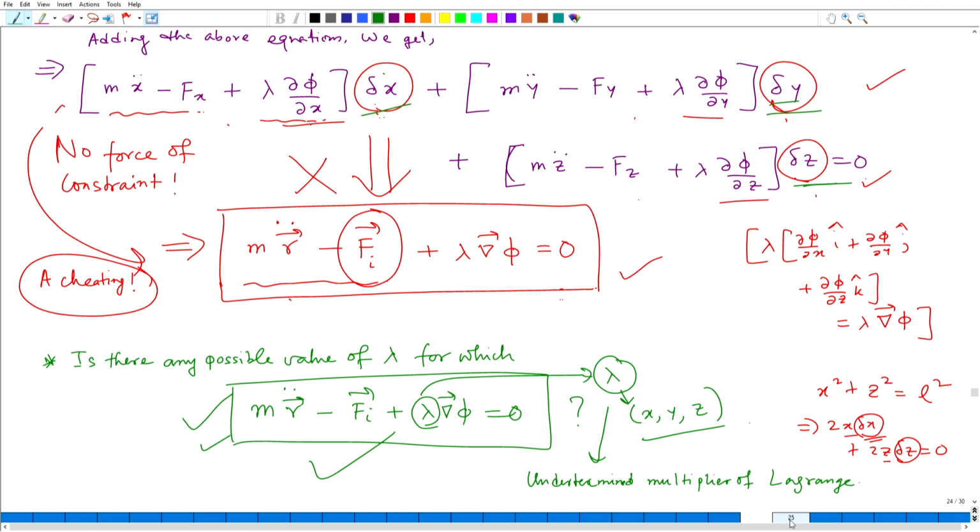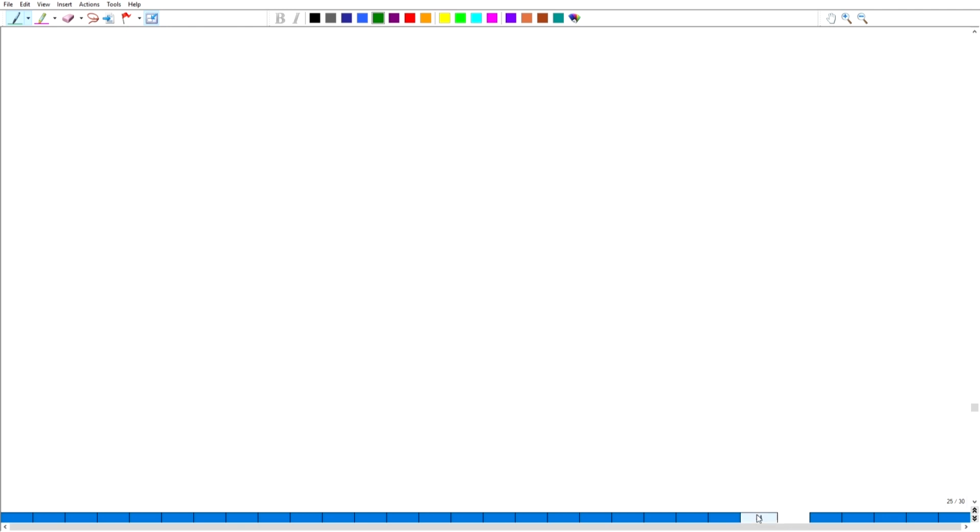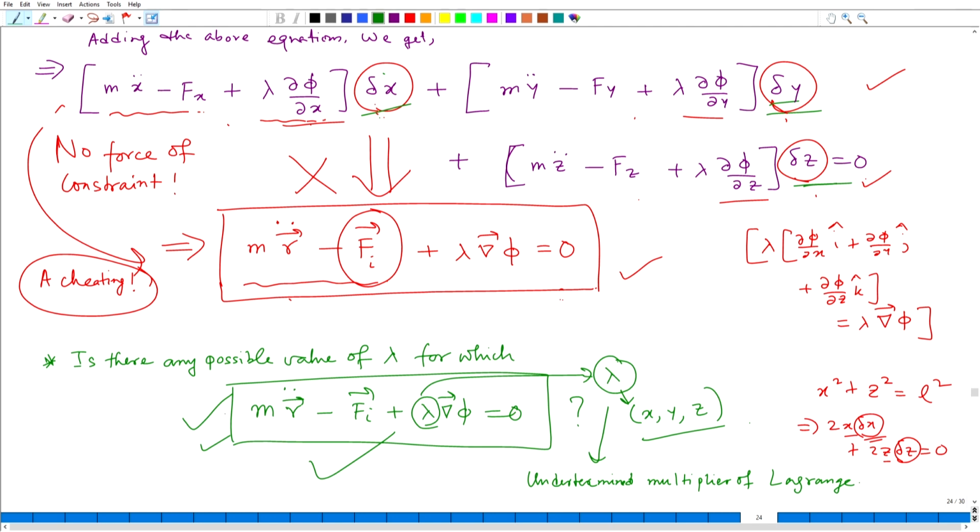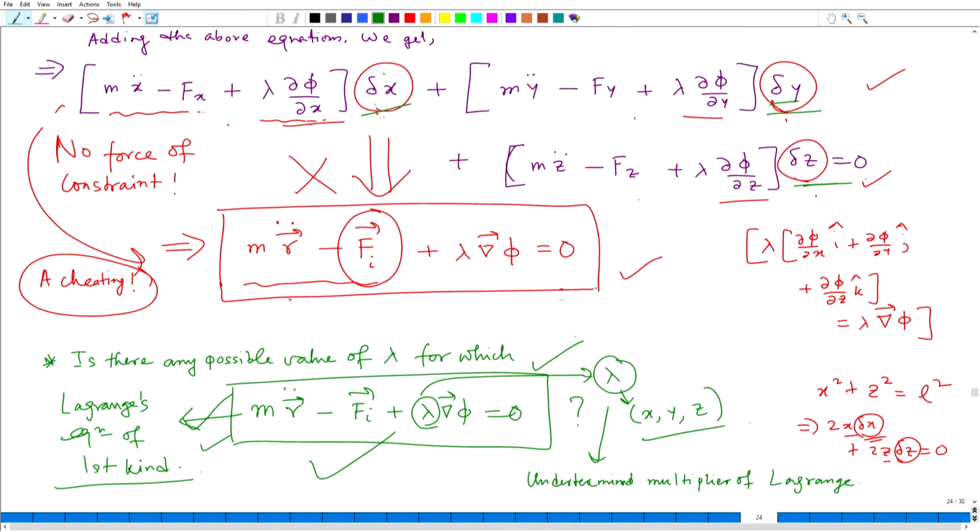And with this claim we can say that this equation is a valid equation and this is the Lagrange's equation of first kind. So, with the assumption that there exists a specific functional form for lambda for which this thing in the green box is true, I can talk of Lagrange's equation of first kind.